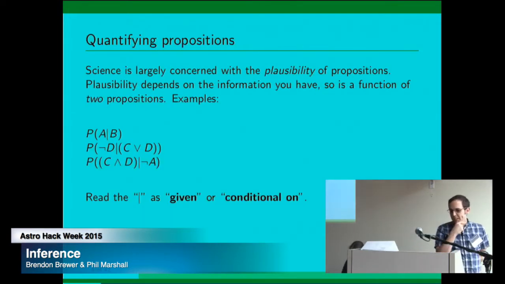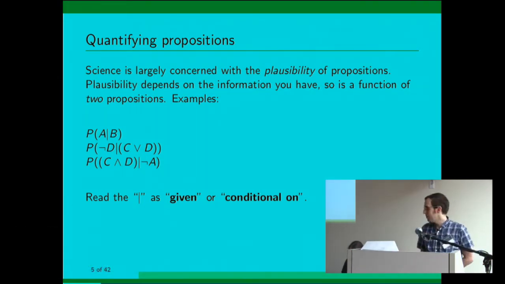In science, it's quite rare that we know for certain whether something is true. Whatever we're studying, we're not sure, and we're trying to get more information. So what we're often thinking about is how plausible certain propositions are.